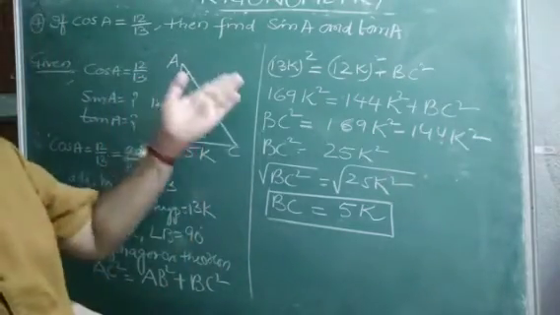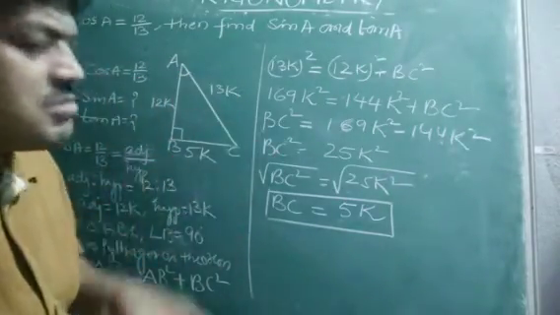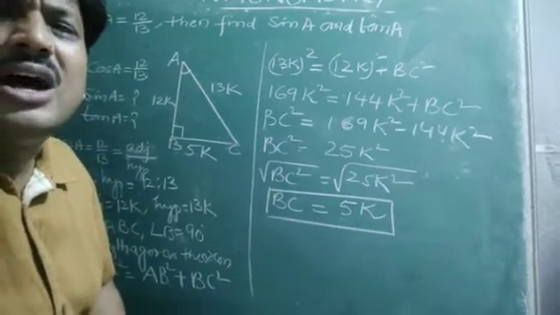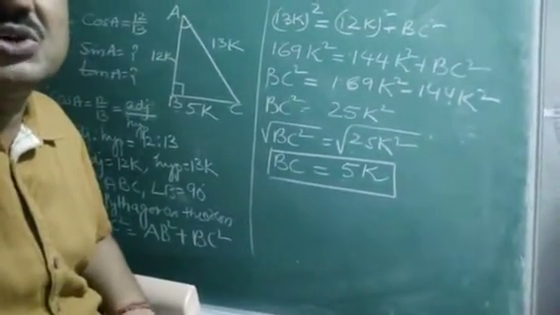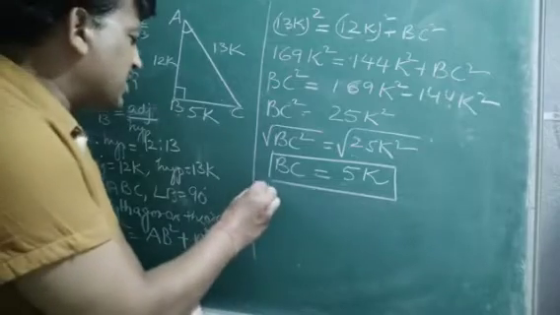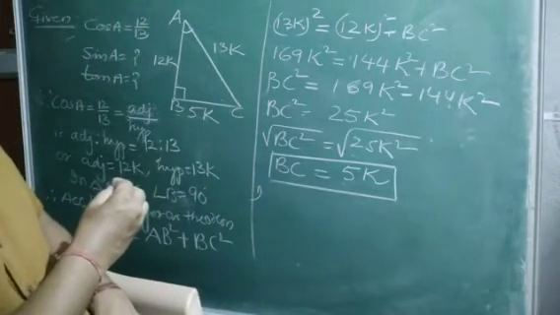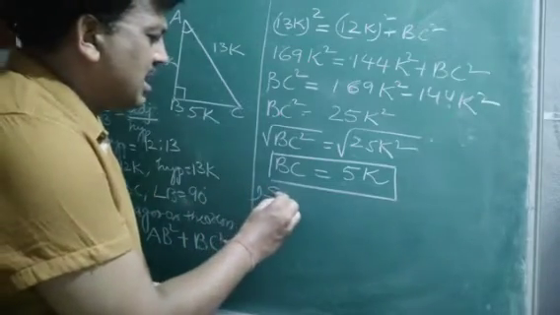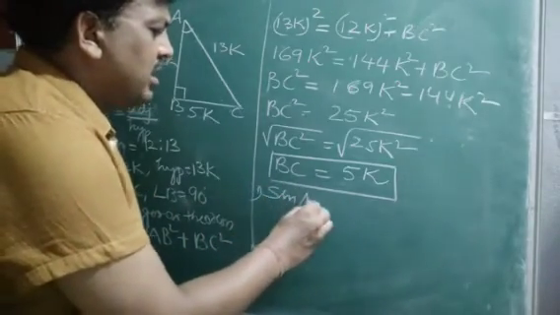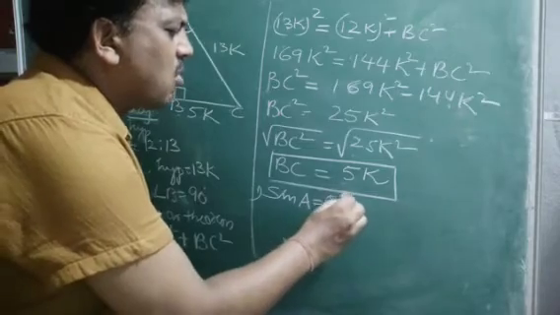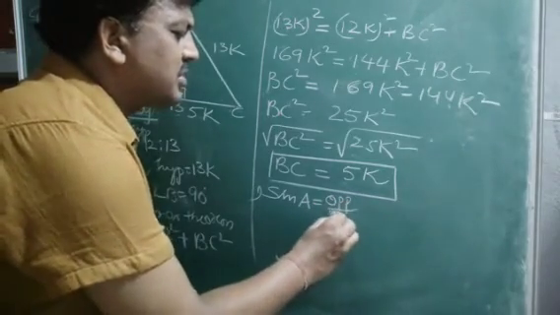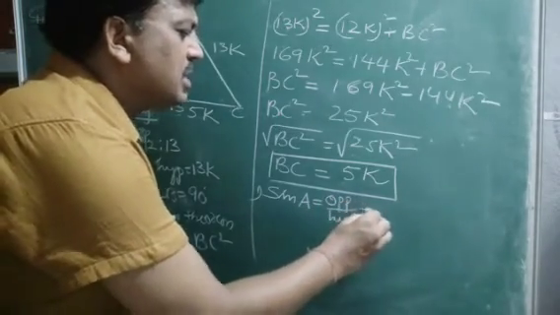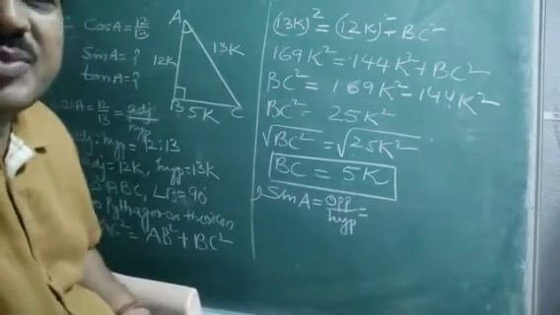Once we have got all 3 sides, it becomes very easy to find the trigonometric ratios, children. For example, the first one, what is asked? We are asked to find sin A. So very simple. Sin A is opposite upon hypotenuse.